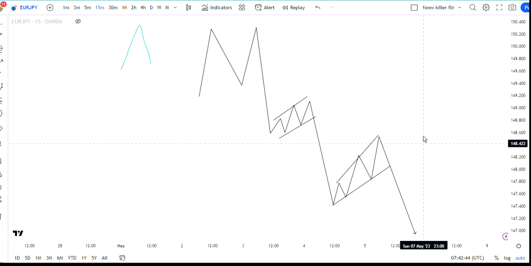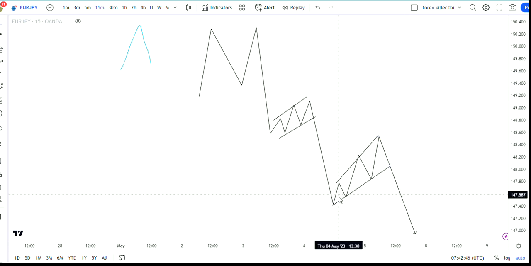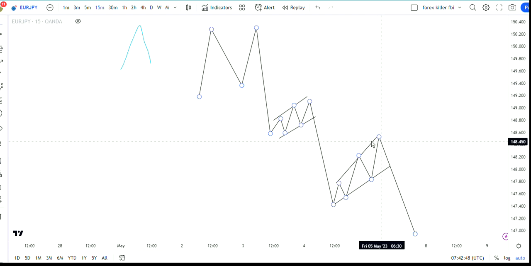So as you can see, this is a deep pullback compared to this one, and it will catch a lot of people. A lot of people fall back after level 2.